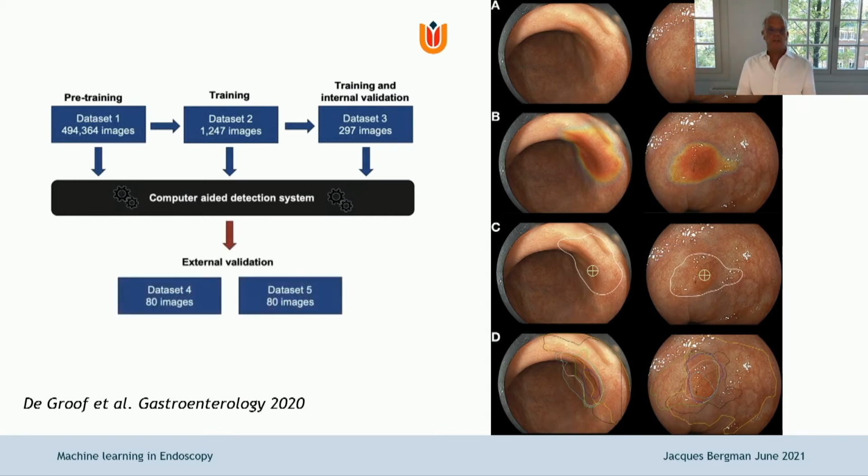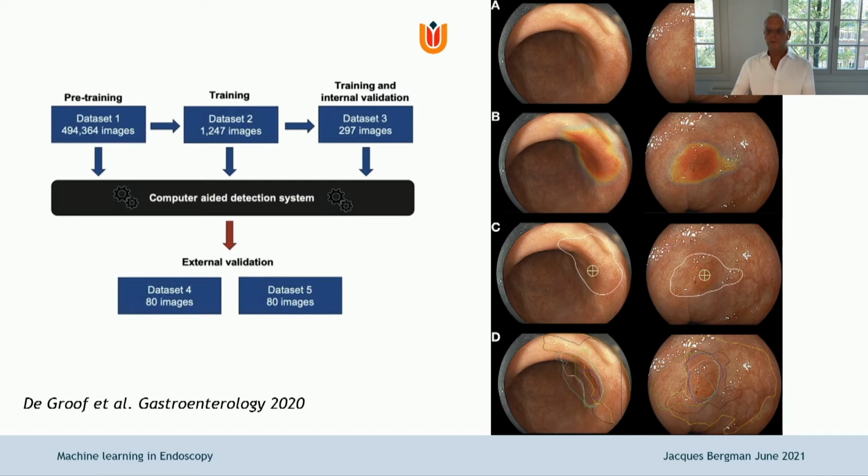And then we took this and tested it on not one, but 2 external validation sets. Each of these 2 sets coming from different hospitals. And all of them contained images that were really very subtle, as you can see on the right-hand side on this slide. So we had images like this with an early cancer and here with an early cancer.